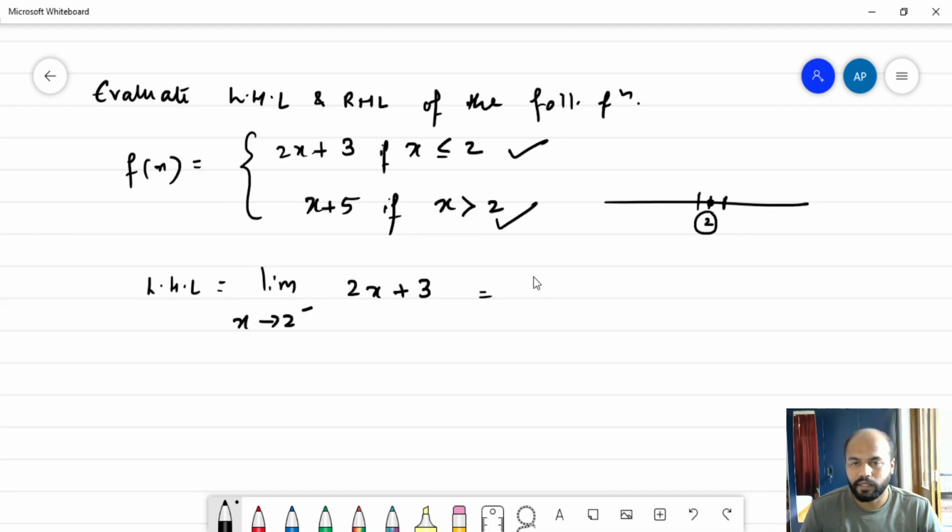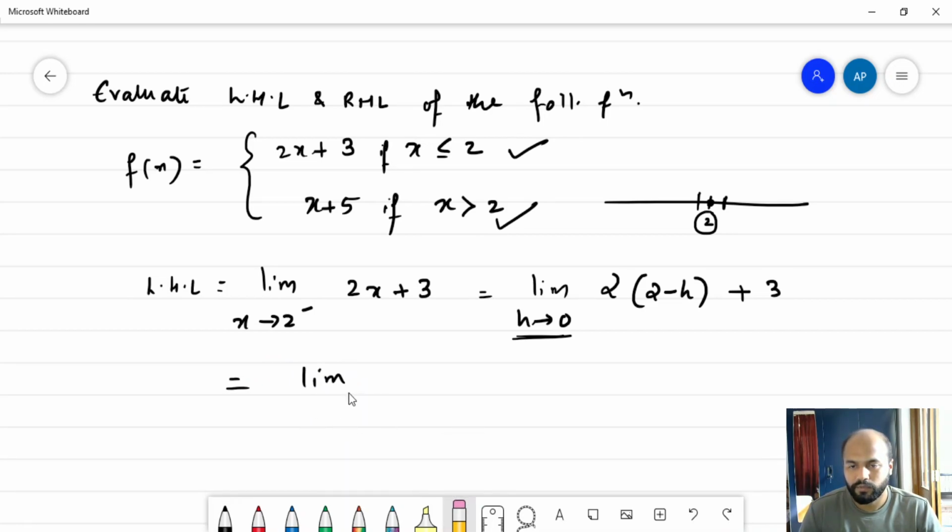And this is nothing but limit h tending to 0. In place of x, I'm going to put 2 minus h, that is to the left of 2, where h is tending to 0 because h is a very small value. Now when we put h equals 0, what we get is 4 plus 3, that is 7.